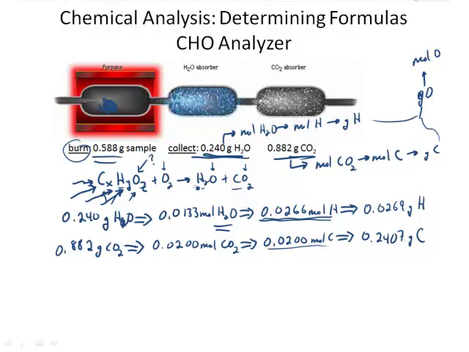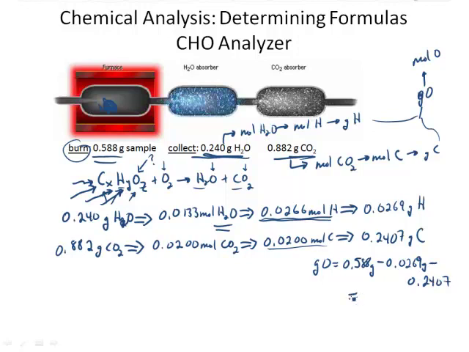So those you can link directly, but the oxygen you can't. The way you figure out the oxygen is by difference, because the compound is made of carbon, hydrogen, and oxygen, and you know how much carbon and you know how much hydrogen. So the grams of oxygen is going to equal our sample mass, 0.588 grams, minus the amount of hydrogen, 0.0269 grams, minus the amount of carbon, 0.2407.